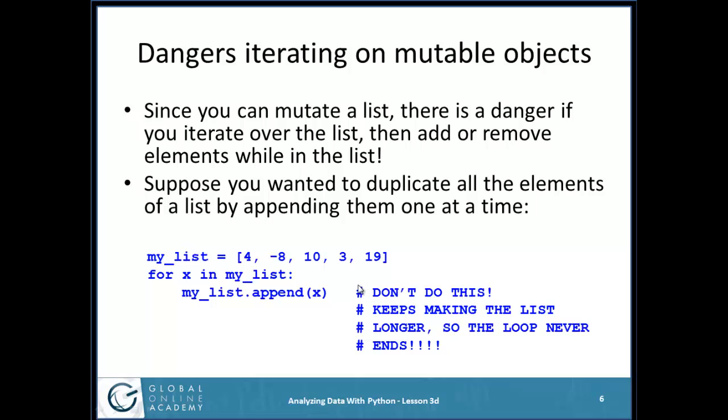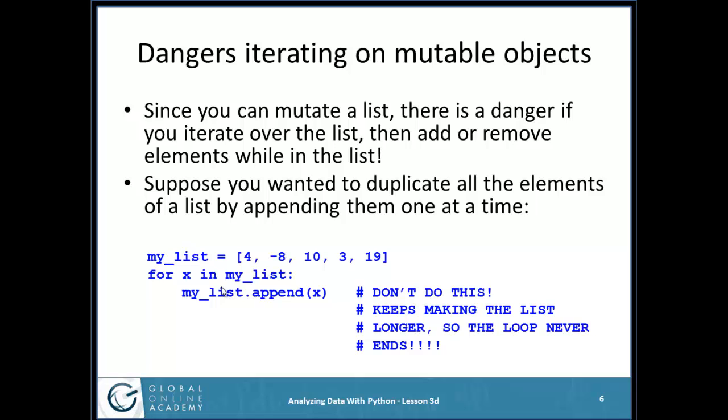What's wrong with this? Well, if I'm going through x in my_list, and my_list is getting bigger each time, I am never going to finish this loop. I'll put a 4 at the end, then a -8, then a 10, then a 3, then a 19. Then I will get to that first 4 that I added in, and this will run forever. It will not stop.